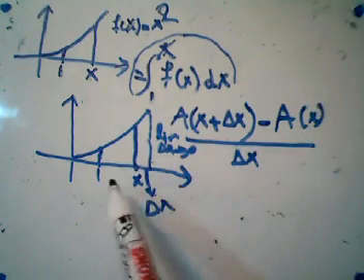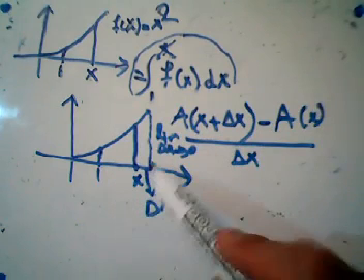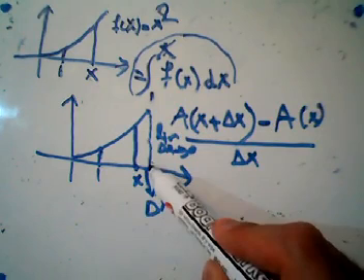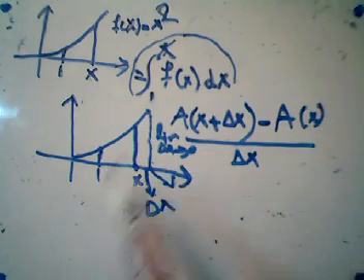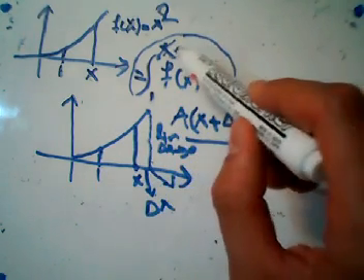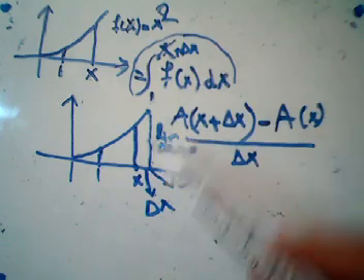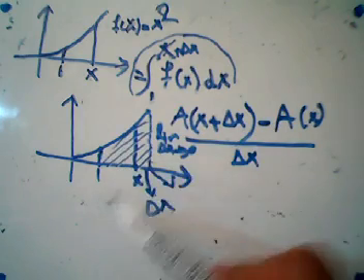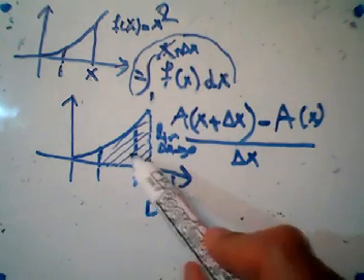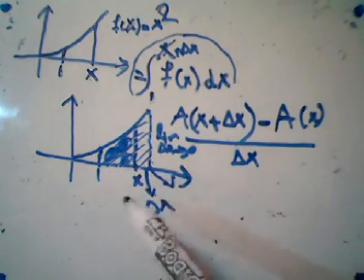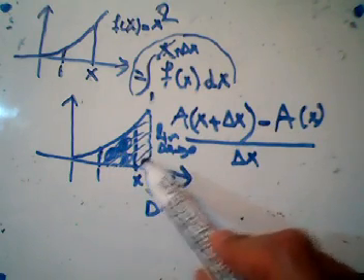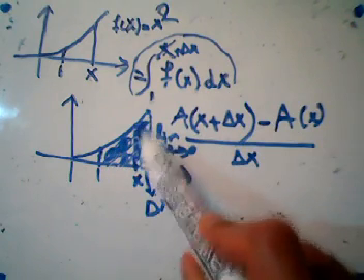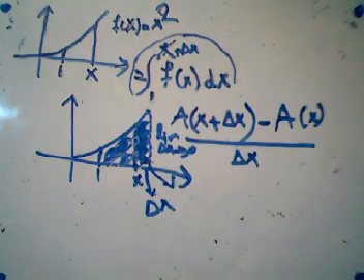A of x plus delta x. X plus delta x is this point. So this means that here is the area, this area. And the A of x was this area here. So the difference would be this area. I'm not going to write the whole proof.